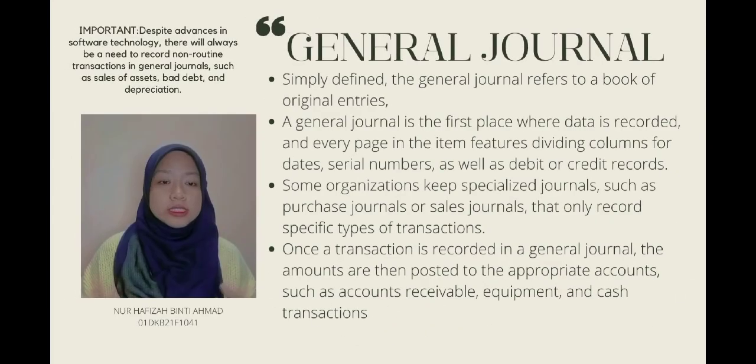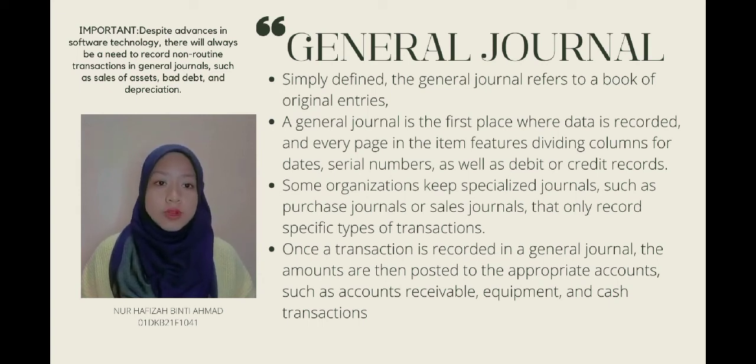Simply defined, the journal refers to a book of original entries in which accountants and bookkeepers record raw business transactions in order according to the date the event occurred. A journal is the first place where data is recorded, and every page features dividing columns for date, serial number, as well as debit or credit records.